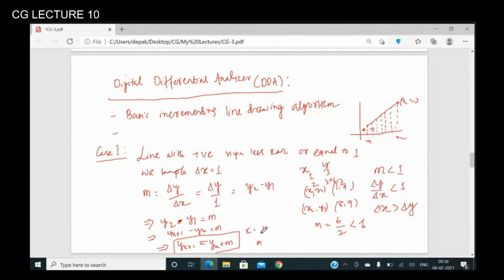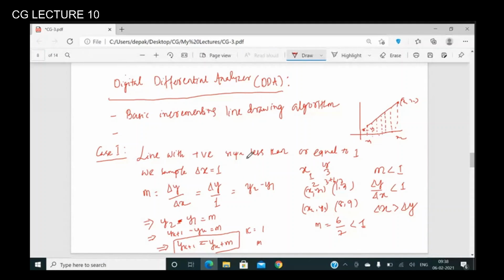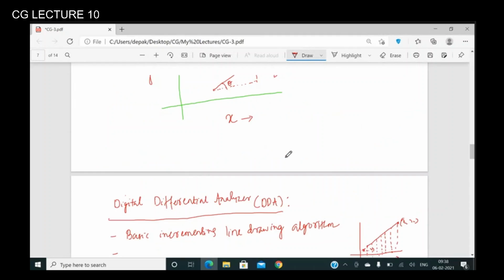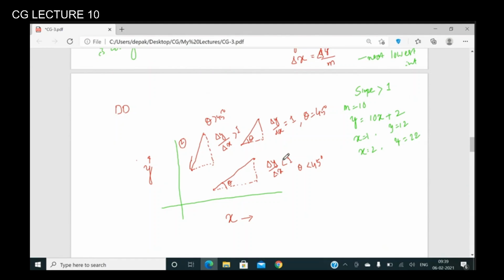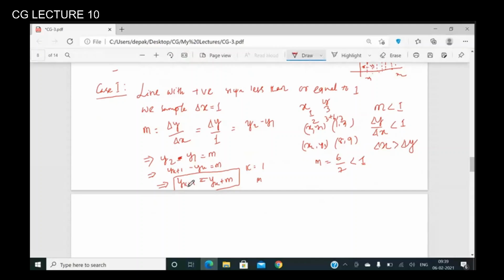This is case 1, when the slope is less than or equal to 1. We have discussed that in case of slope less than 1, del x must be greater than del y, and at that time you have to sample del x. Del x means you sample the x coordinate, and accordingly you calculate the y value, and the next y value will be the old y value plus m. Let us come to case number 2.